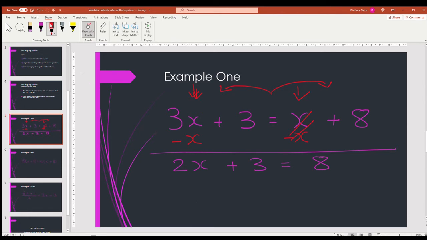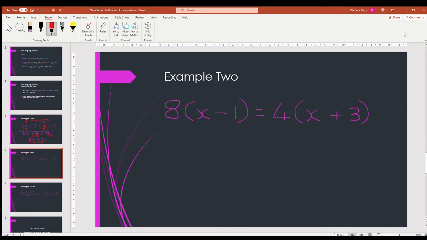Carry on rearranging until you get x on its own. This cancels out. Do the same on the other side. We now have 2x equals 8 minus 3, which gives us 5. Get rid of the 2, divide by 2, divide by 2. x is equal to 5 divided by 2, which is 2.5.